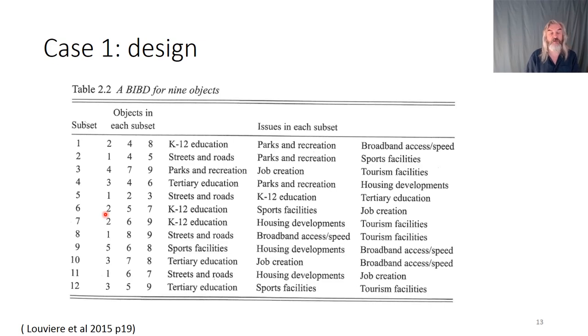So they're going to appear equally, but what you'll notice is that all possible combinations don't exist. So object 1 is not appearing with all of the other 9 objects. That would end up with a full factorial.